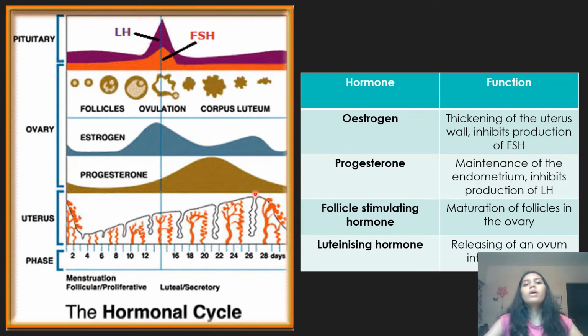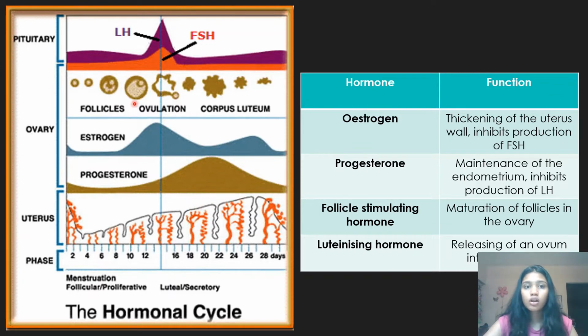Now we're going to discuss the different hormones involved in this cycle. At ovulation, just remember the hormone LH, which is luteinizing hormone, is always at its peak. In your exams, they give you graphs of different hormones and tell you to label which line represents which hormone.